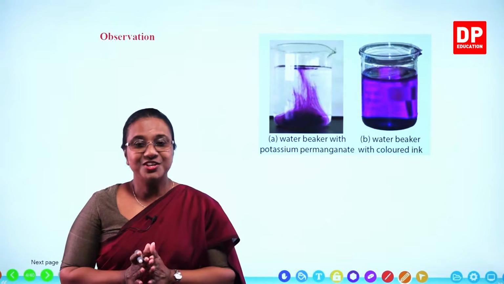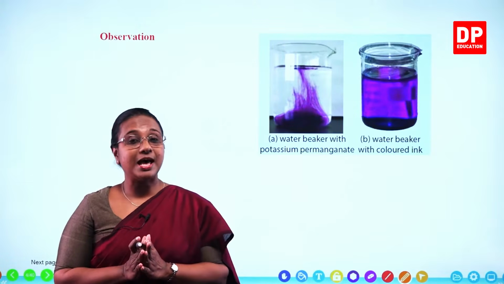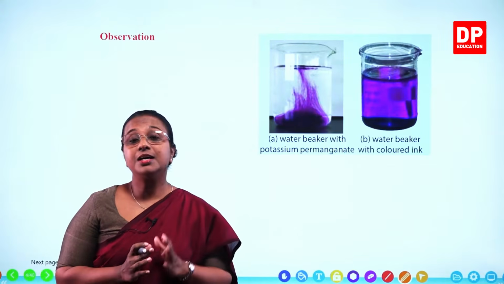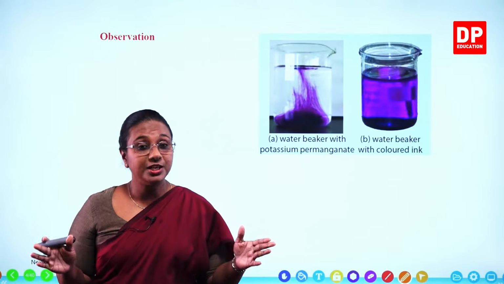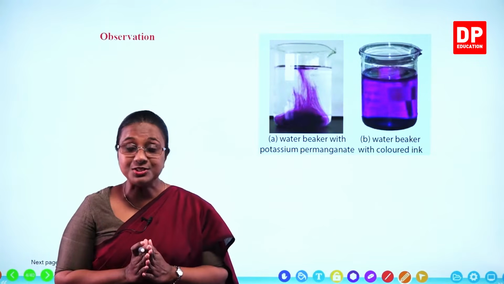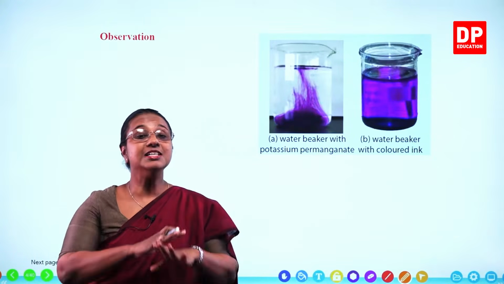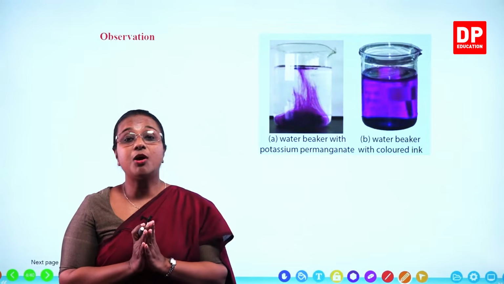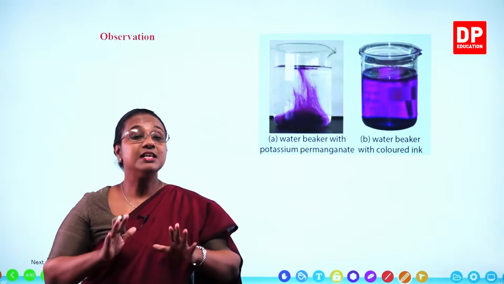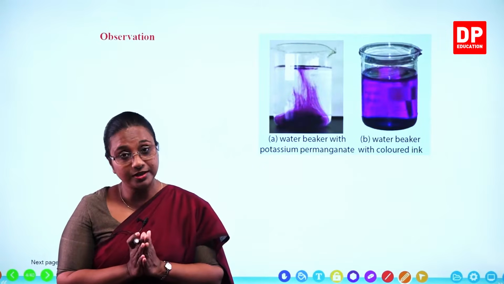Okay, students. So, you all observed what happened when we put a crystal of potassium permanganate into water. What did you all see? You all were able to see that the color spread throughout the water. So, the purple color of potassium permanganate spreads throughout water.